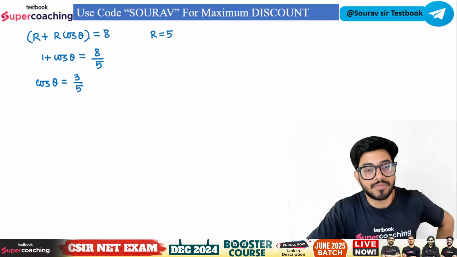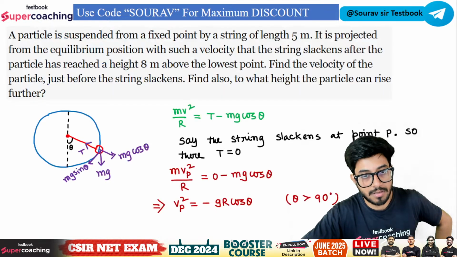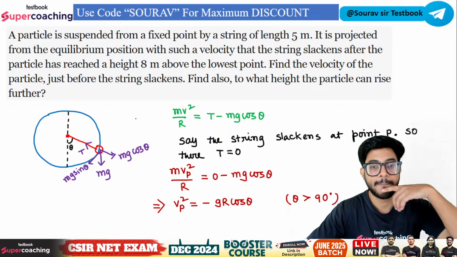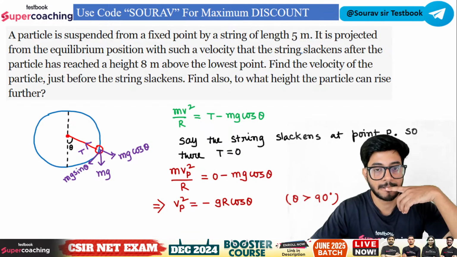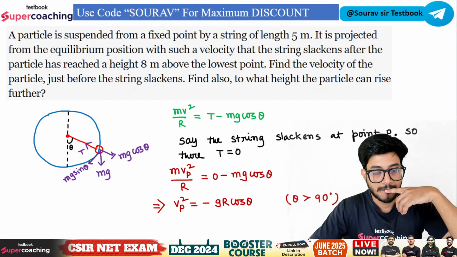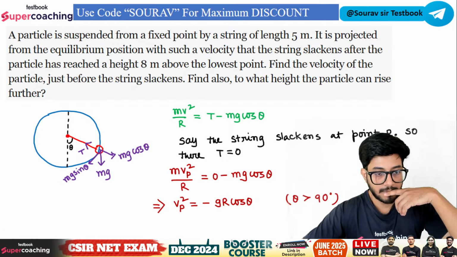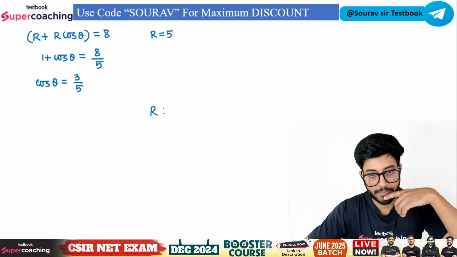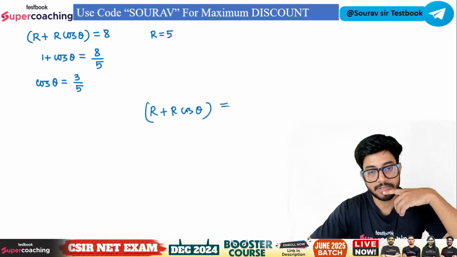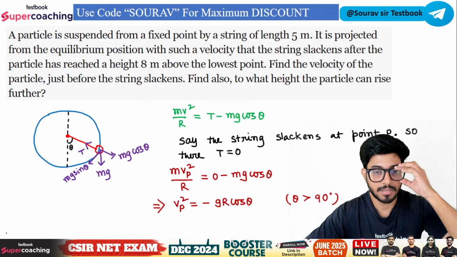Hang on, just wait for a moment. R plus r cos theta is basically equal to 8, because 8 meter from the ground.